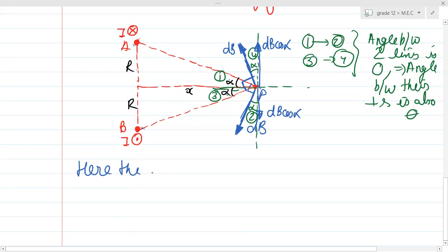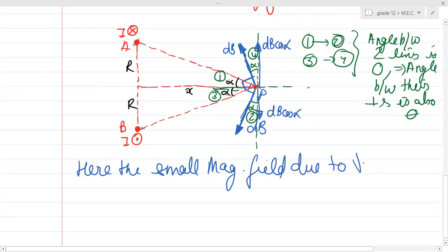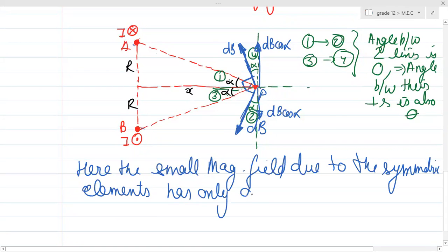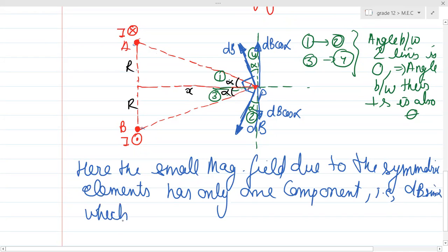So here the small magnetic field due to the symmetric elements has only one component, that is dB sin alpha, which is providing the net magnetic field.